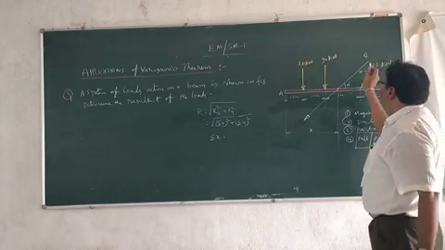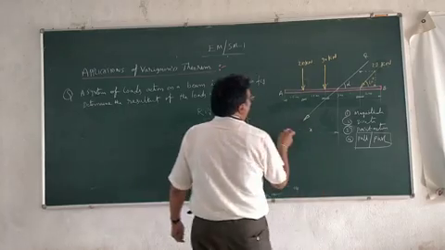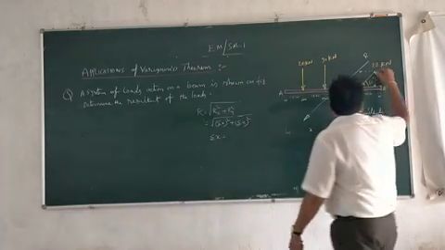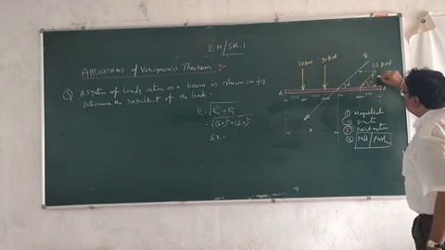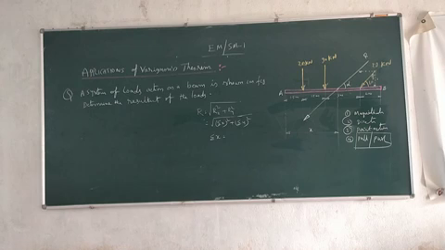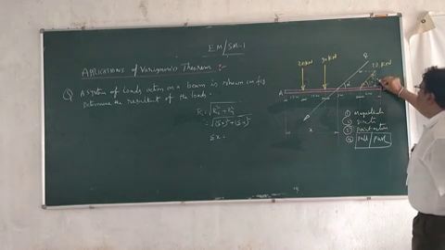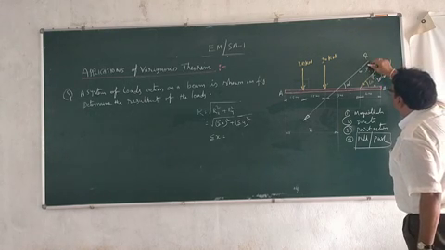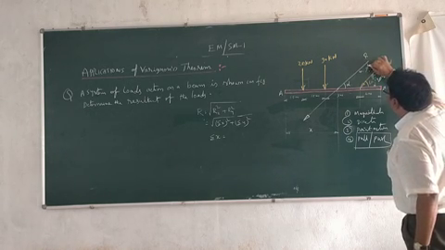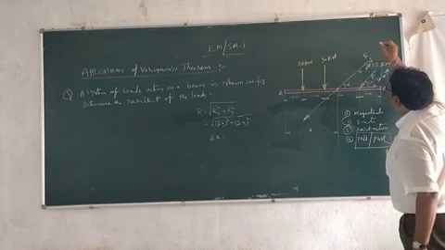Take the 20 kilonewton force acting like this at 30 degrees: the components are 20 cos 30 degrees and 20 sin 30 degrees. Okay, it is trigonometry.